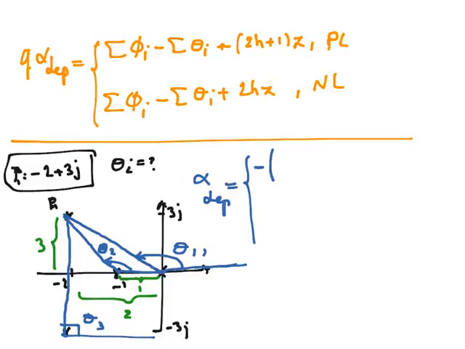So just by replacing the values and using the trigonometric equations, you can simply obtain the values for the thetas. I just write the final result here. For one of the thetas we will have pi minus inverse tangent of 3 over 2. For the next one we will have pi minus inverse tangent of 3. And for the last one, theta 3, it's obviously pi over 2.